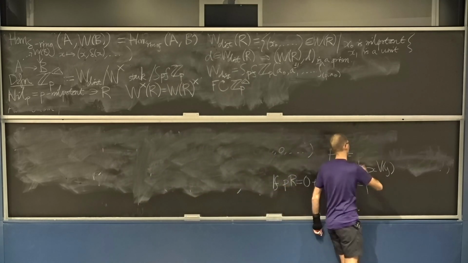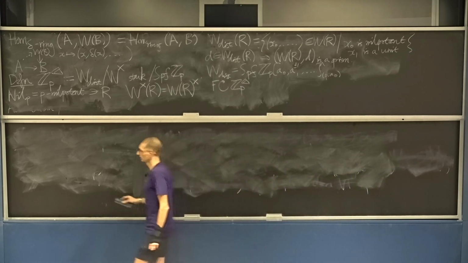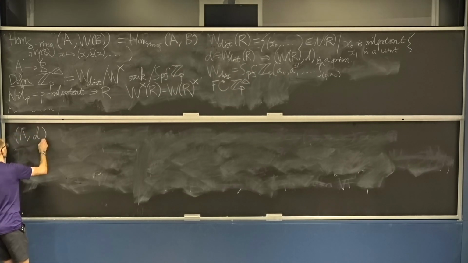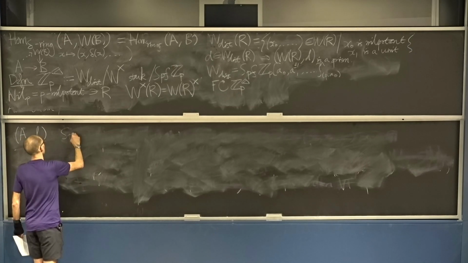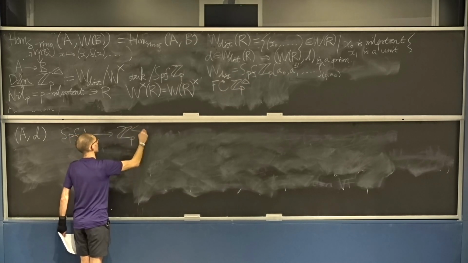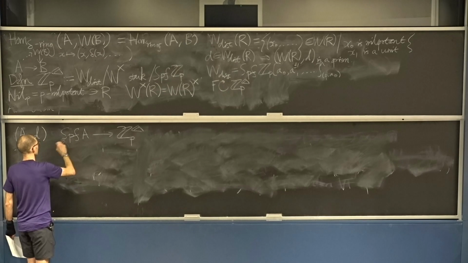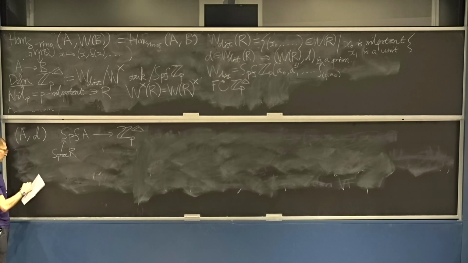prisms in general. So given any prism, I can make a point of this stack as follows. If I have a prism, always a principal ideal, A comma D, then I actually get a map from spf A to ZP prism. What's the construction? I have to tell you what happens on the functor of points. So I have to say what happens if I take any spec R mapping to this, where R is P nilpotent.